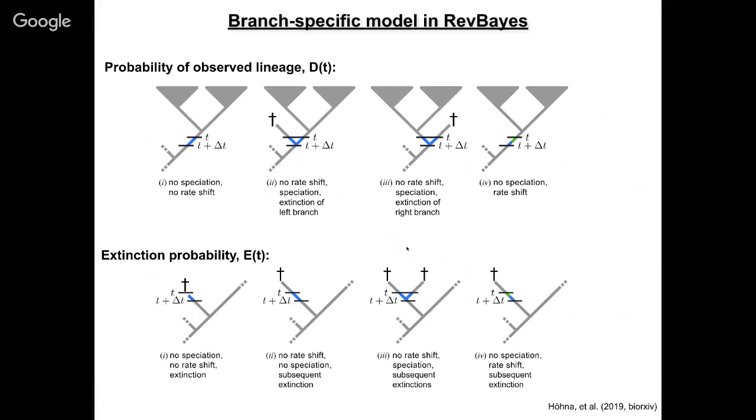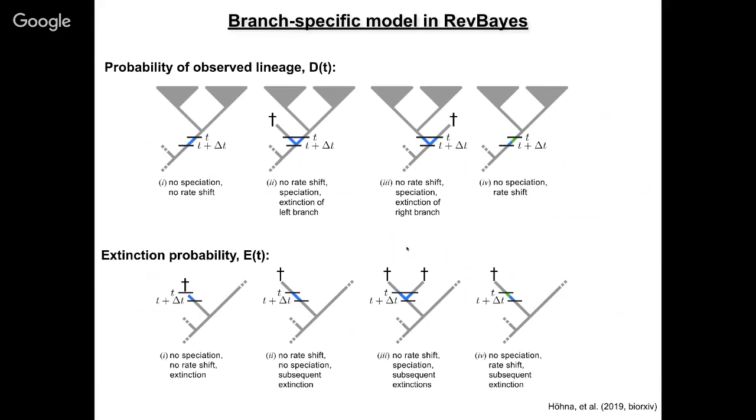Or the third scenario, where there was the speciation event, and because we didn't observe it, the right lineage must have gone extinct. The fourth type of scenario that we're now including in this new birth-death-shift process is that there can be rate shift events on the lineages, for example, switching from the blue to the green state or rate category.